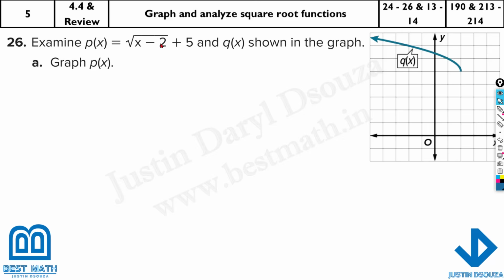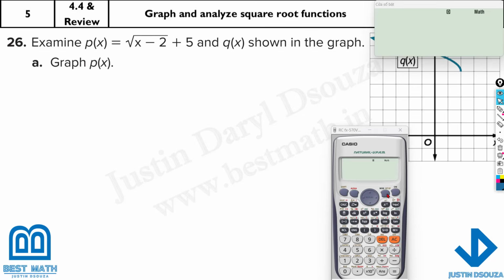Here as well, they have given us the equation in the calculator. Type this equation, that's square root of x minus 2. Then press next and type plus 5. This is the first equation. Ignore the second equation. Start at minus 5, end at 5, step is 1. You get the values, see it's an error for some.